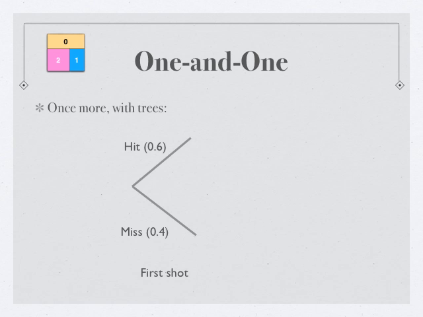So the top one, what's happening is there's a hit and the probability is 0.6. On the bottom, it's a miss, and the probability is 0.4. This will help you make sure your tree diagram actually does everything you hope it will. Now, as we're going to move on towards the second shot, one thing we'll notice is that if you have a miss, there is no second shot, and the outcome is 0. So we'll just put that there.